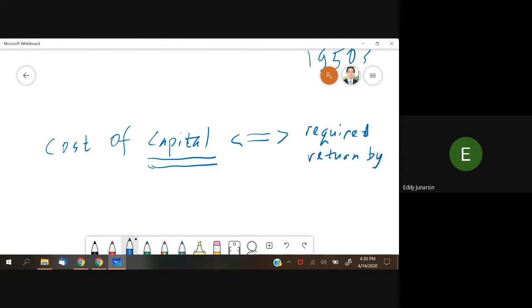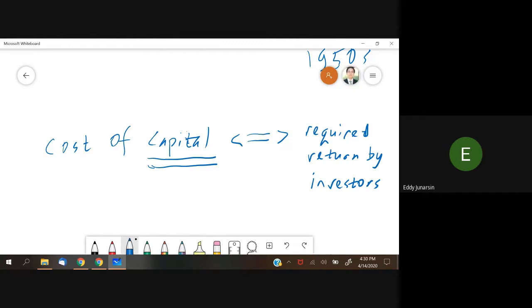By investors, of course, right? Okay, so required return by investors. See, it's the same thing, but viewed from a different perspective. Cost of capital from the perspective of our company, and from the perspective of investors, this is the required return, right? Required return by investors.